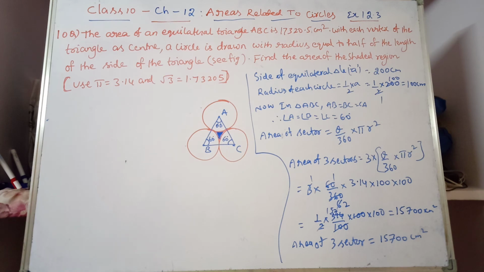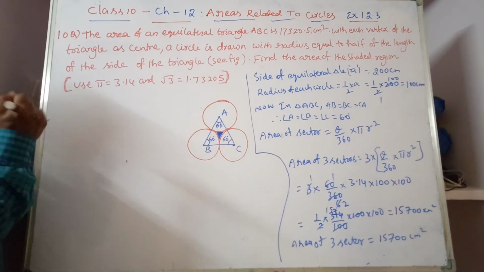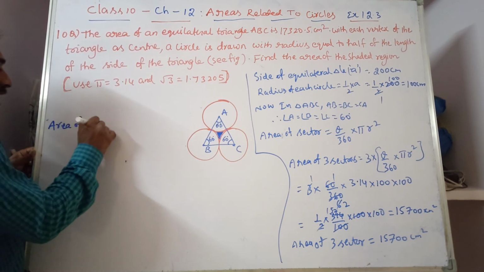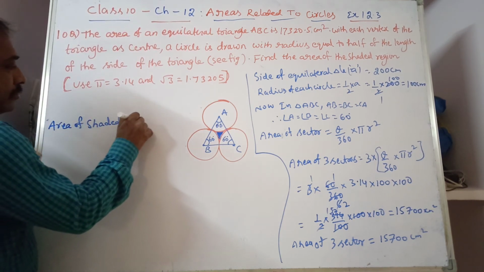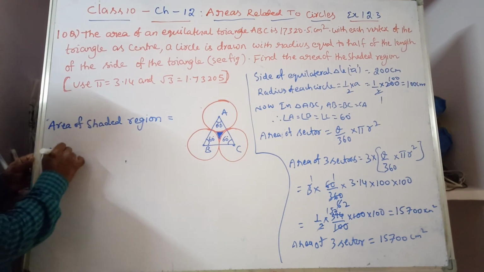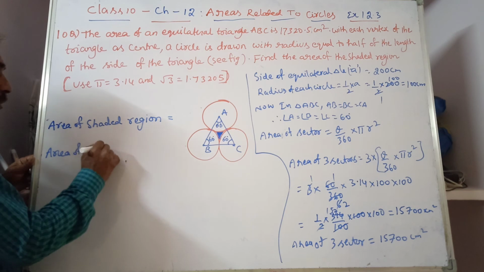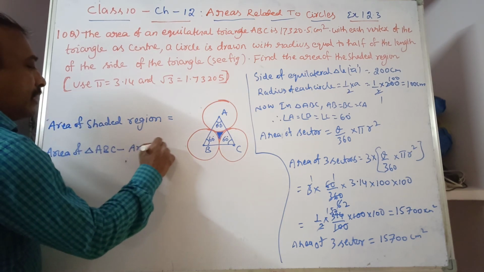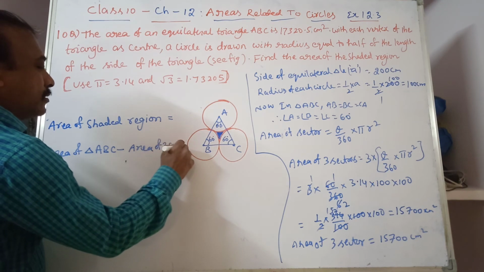Now you see here, area of shaded region is equal to area of triangle ABC minus area of 3 sectors.